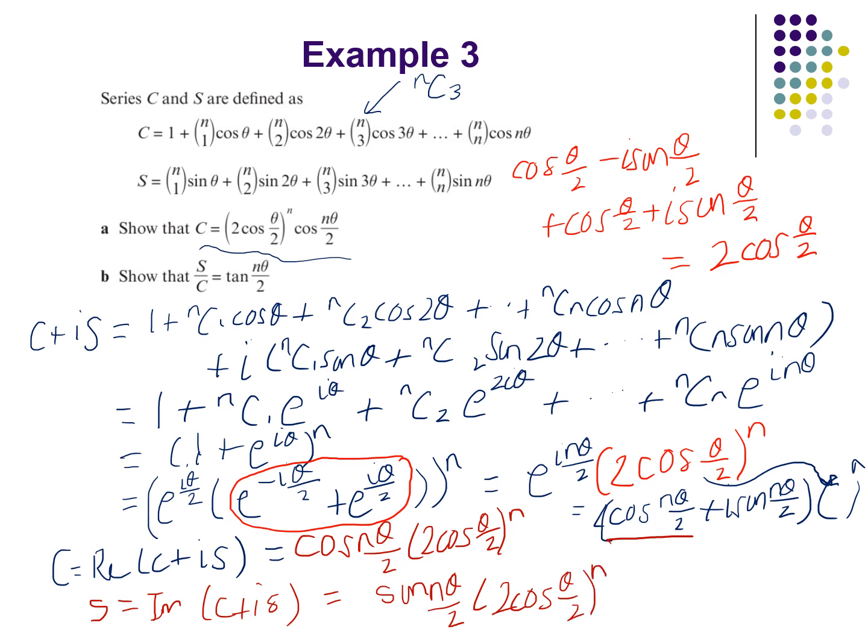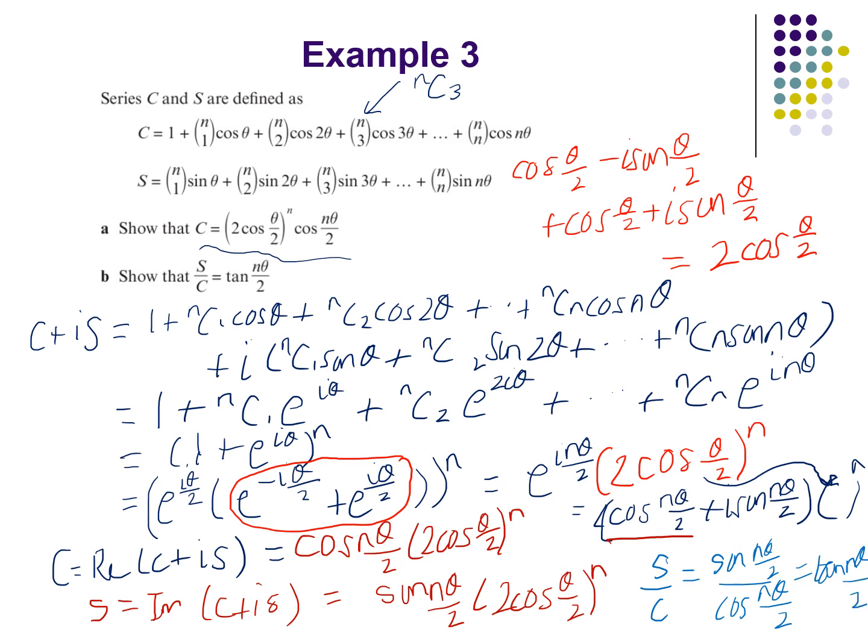Final bit says show that S over C equals tan n theta over 2. You can see that's your sine n theta over 2 divided by cos n theta over 2. Because the brackets to the power n cancel, that gives me my tan n theta over 2.